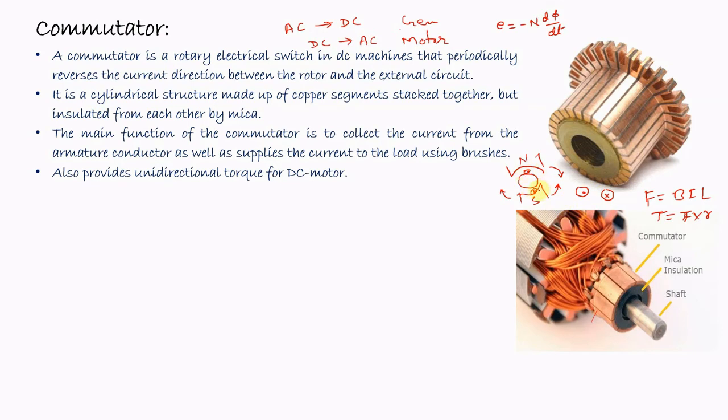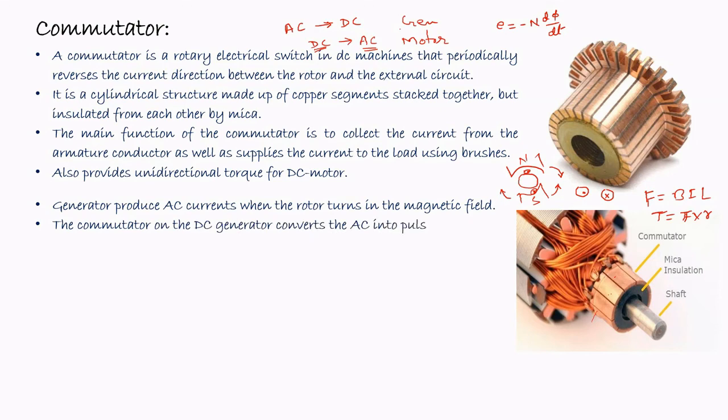So this conversion of the current direction in the armature conductor is basically done by the commutator. So we can say the commutator basically changes the DC current to AC when it operates as a motor. The generator produces the AC current when the rotor turns in the magnetic field.